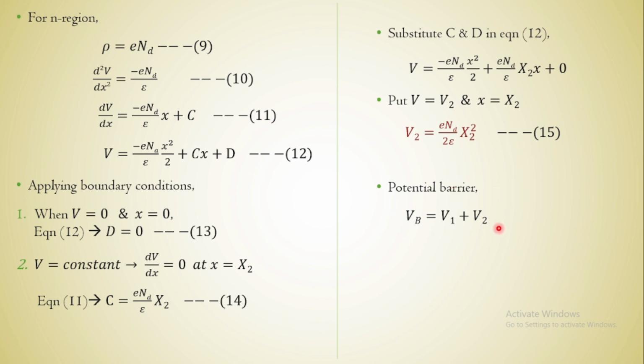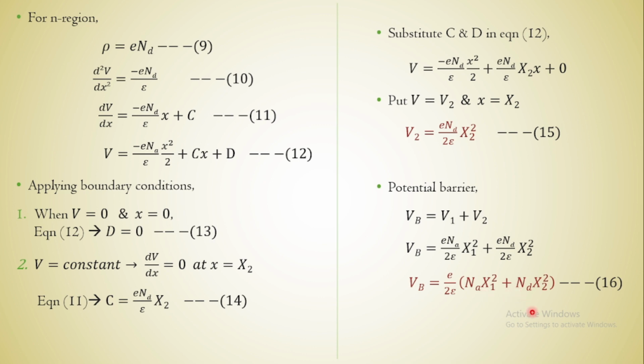Putting the values from equation number 8 and equation number 15, we can observe that e divided by 2 epsilon, e being constant, is taken outside the bracket, and we are remaining with Na x1 square plus Nd x2 square. This is the value of the potential barrier with respect to the length of the depletion region, and of course it is going to depend on the density of the donor and acceptor atoms.